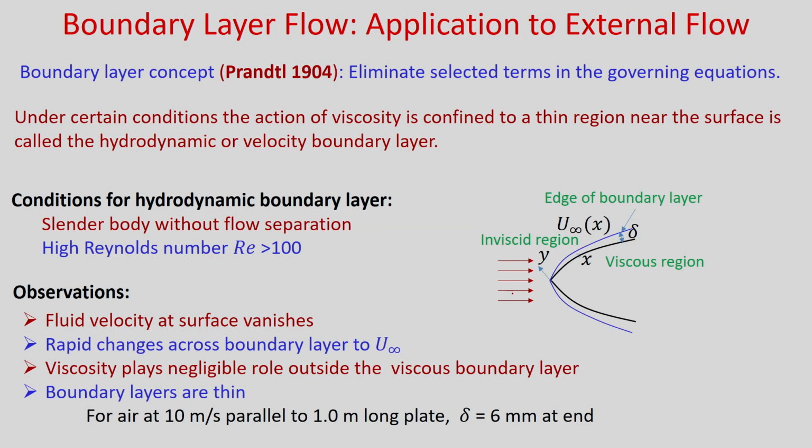So, let us consider flow over a solid surface. You can see this is one surface, this is known as slender body and flow is taking place. Then near to the surface one thin layer will be formed, where inside of this thin layer viscosity effect will be there, which is known as viscous region, and outside this thin layer the viscous effect can be neglected and that region is known as inviscid region.